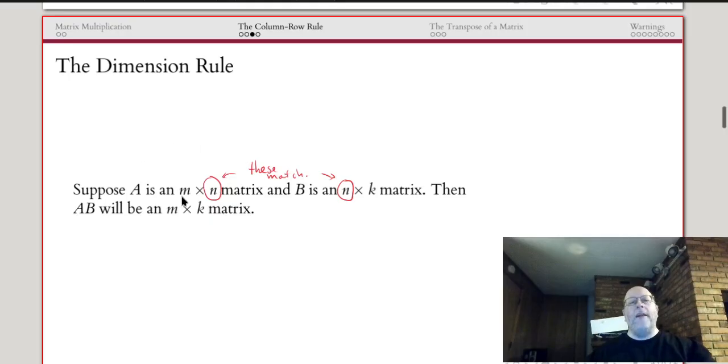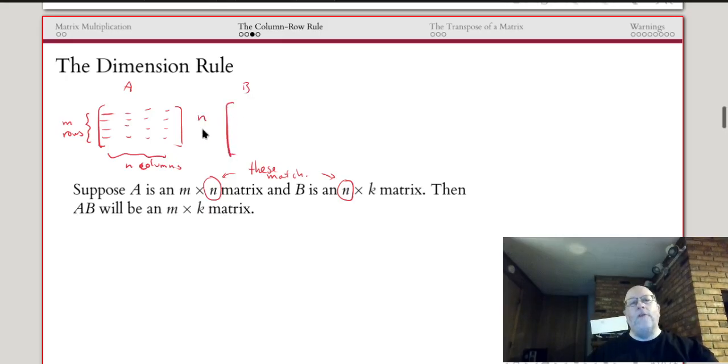And this is why M by N says that A has M rows and N columns. And B has N rows and K columns.